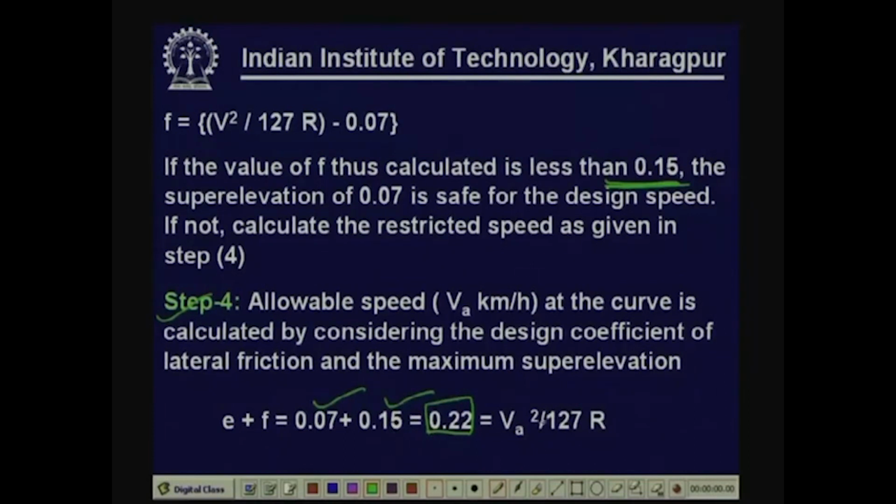This equals v s square by 127 r. So, if we know the r value, for a given situation, we can easily calculate what is the permissible speed that will be safe on that stretch of the road, where we are providing maximum super elevation up to 7% or the allowable super elevation. So, either in that case we have to go for speed restriction or realign the road with a different radius.